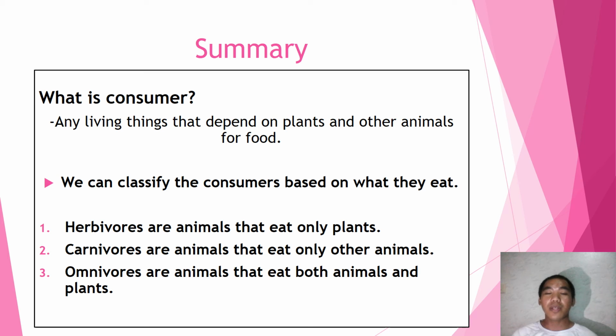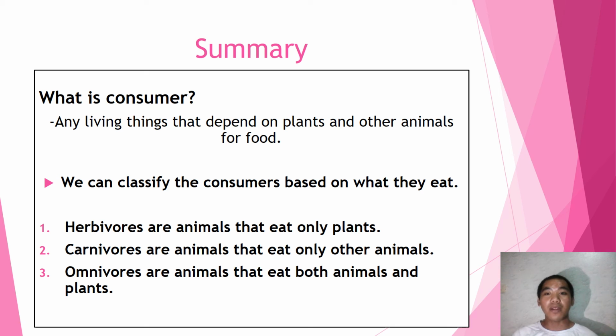Those are just examples of herbivorous animals. Next one is carnivores. We said that carnivores are animals that eat other animals, like for example, crocodile and eagle. That's the second classification of animals based on what they eat.